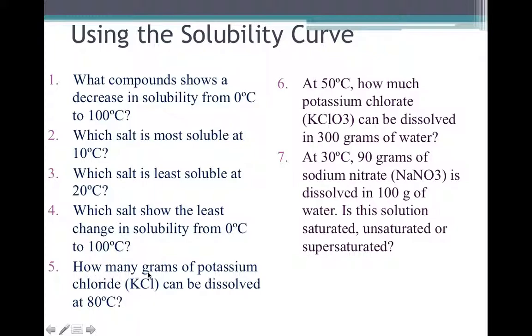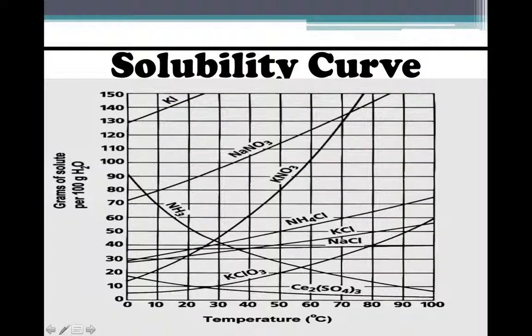Okay, this one. How many grams of potassium chloride, KCl, is dissolved at 80 degrees Celsius? So let me get my pen going. At 80 degrees Celsius, we want to go up to KCl. Going to go to that line right here. And at this point, we want to know how many grams of that solute.